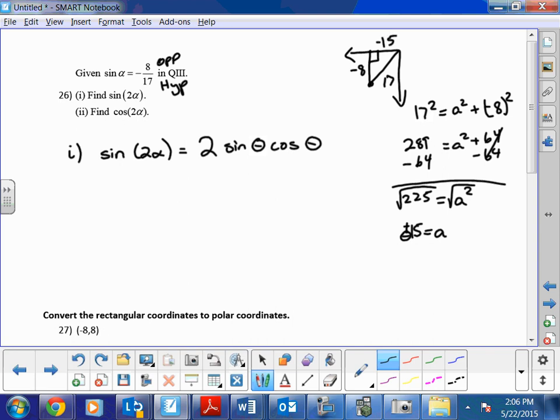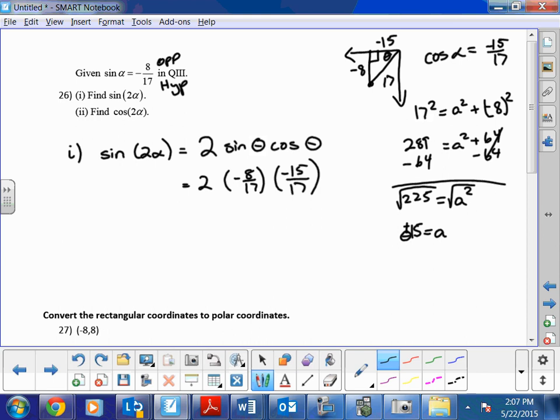Now, why is it important? It's important because now I know this is really 2 times negative 8 over 17. And cosine alpha, or cosine theta, which way you want to think about it, is going to be adjacent over hypotenuse, negative 15 over 17. So this will be negative 15 over 17, as such.